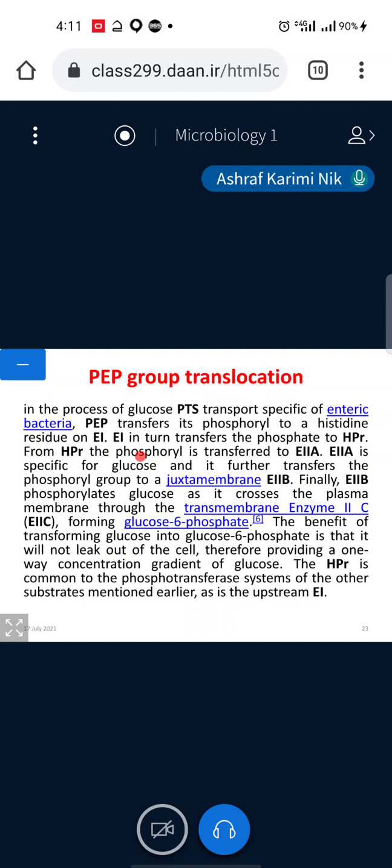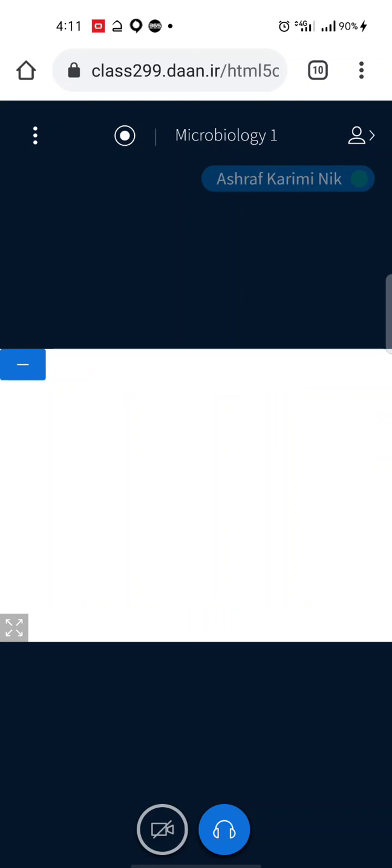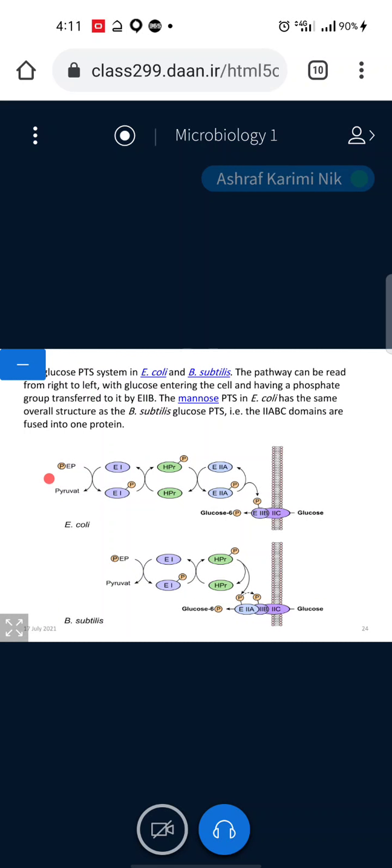HPr is common to the phosphotransferase system of the other substrates mentioned earlier, as is upstream E1.